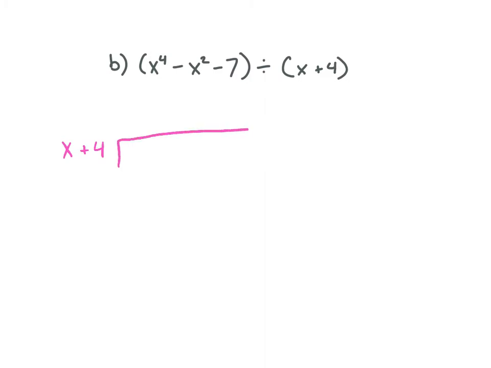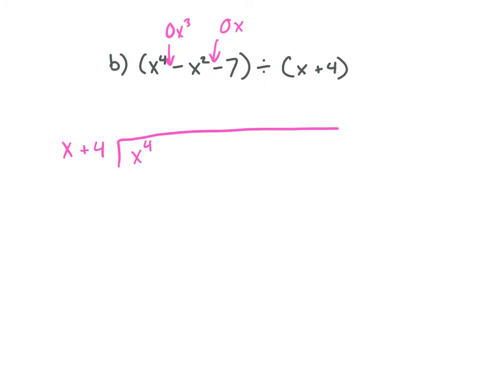What goes on the inside? Are we missing any terms in here? We're missing x cubed and we're missing x. So we need to make sure we don't forget those. So we got to put those in underneath.